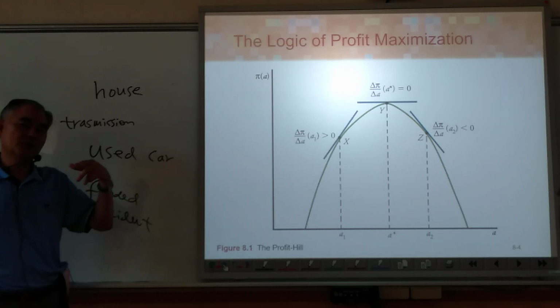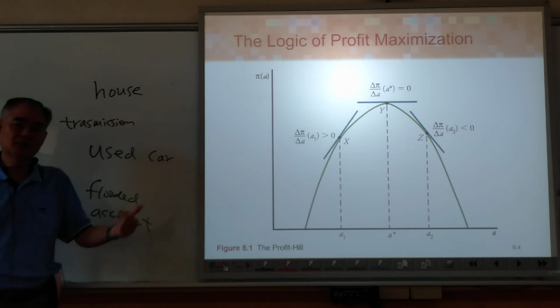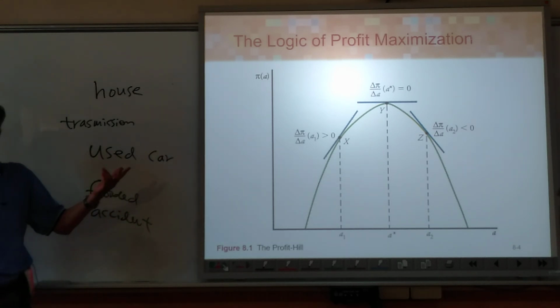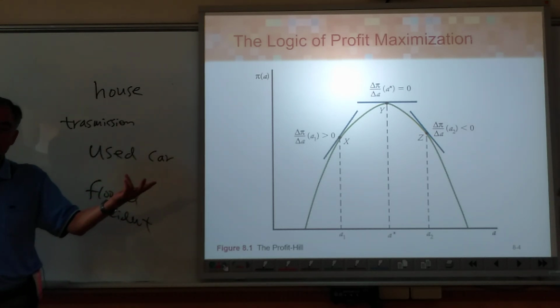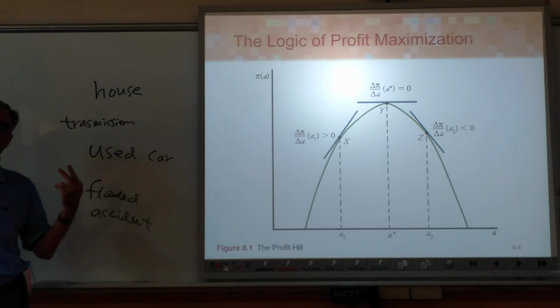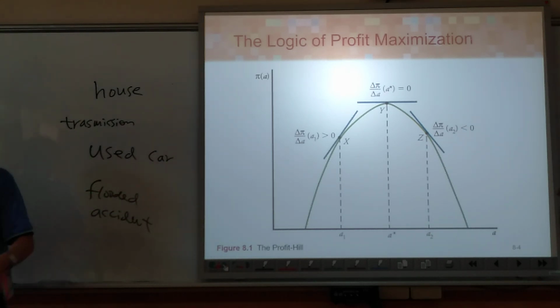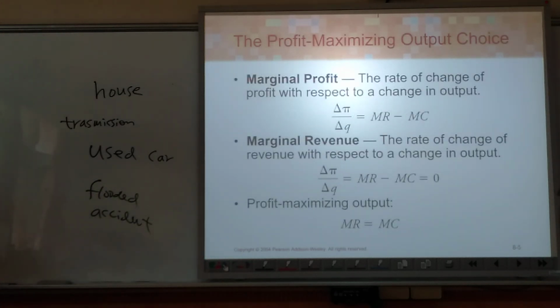Okay, so you cannot produce too many or too little. If you produce too many, then you cut your profit margin. If you produce too little, you don't get enough of it. So you have marginal revenue and marginal profit.